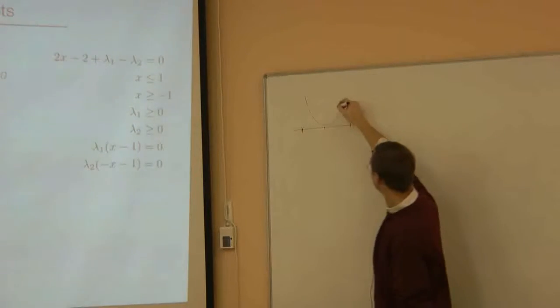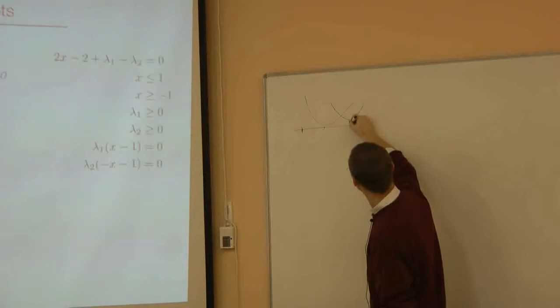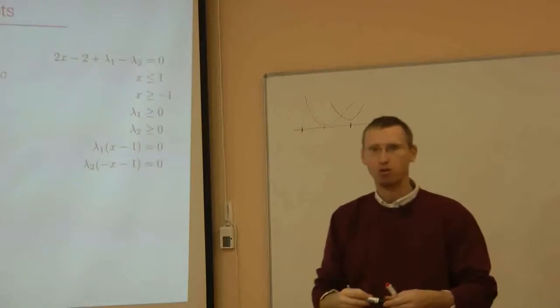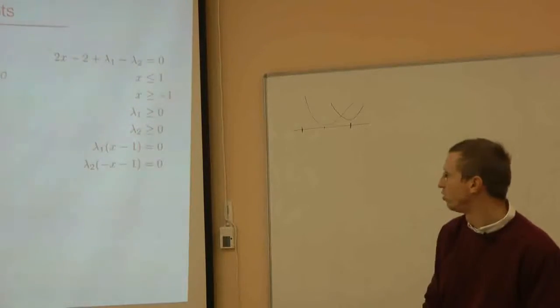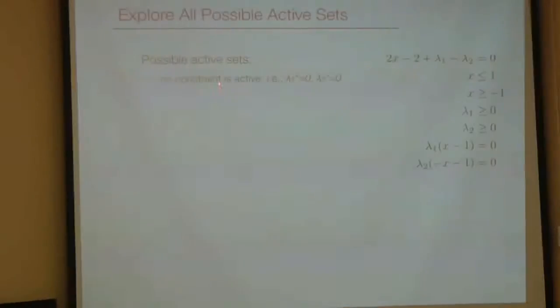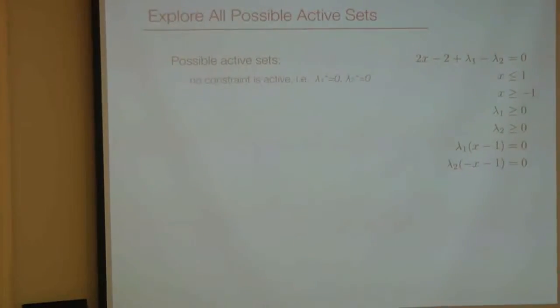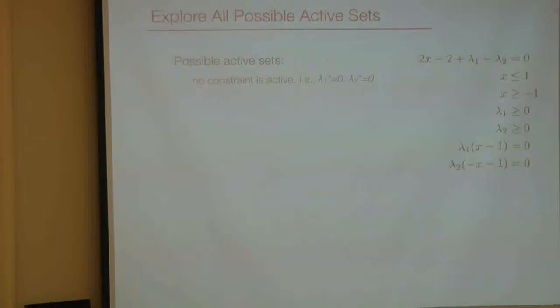Okay? It's just that our problem is like this, where the optimum lies exactly here. And since we don't know where the optimum is, we have to consider the case where no constraints are active. Right? By the way, why did I put that no constraints implies that the lambdas are 0? What do we say? We say that the constraint is not active.